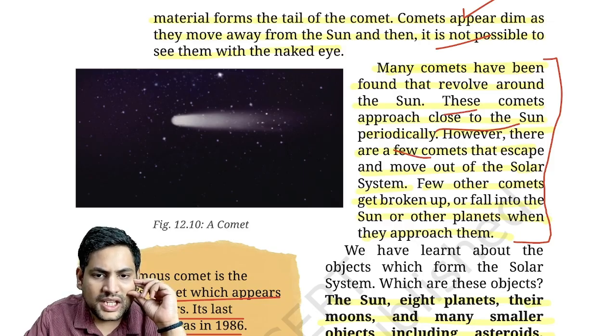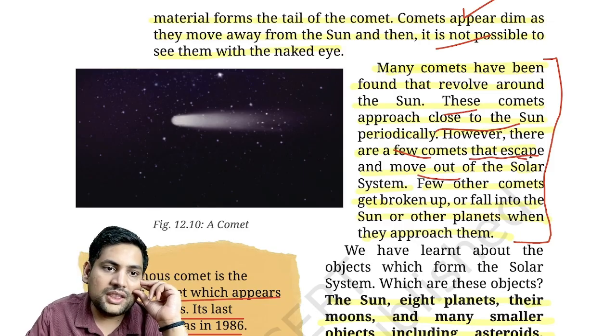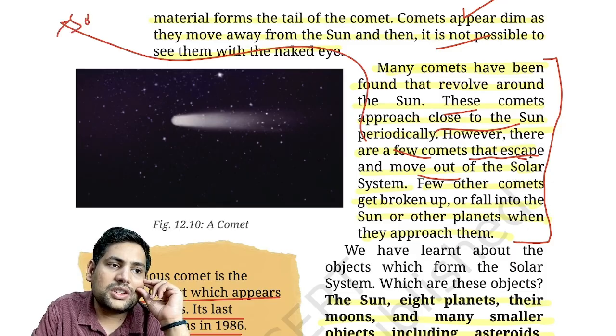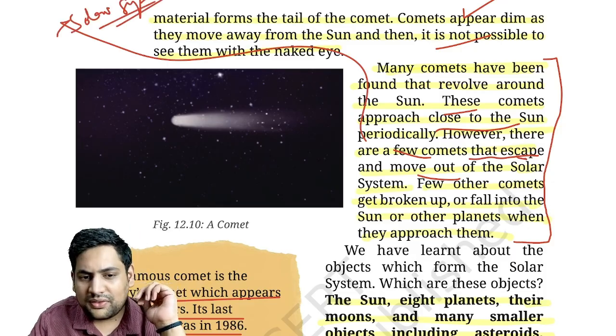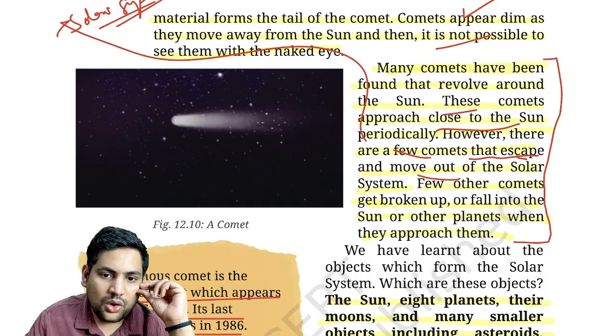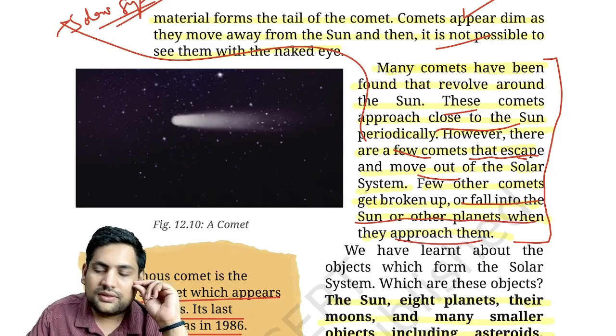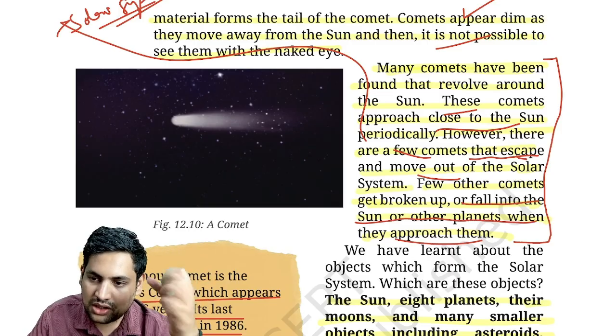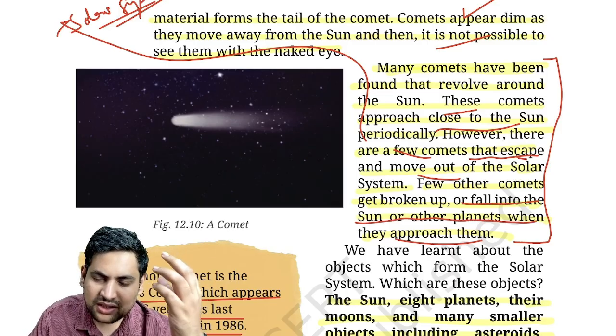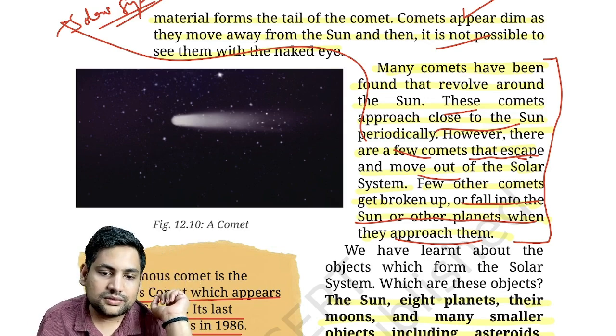However, very few comets escape our solar system and go to some other solar system or somewhere else in the universe. Sometimes they fall into the sun or other planets. When they are very close, they are attracted by the gravity of the sun or the planet because they have mass, and they drop there.